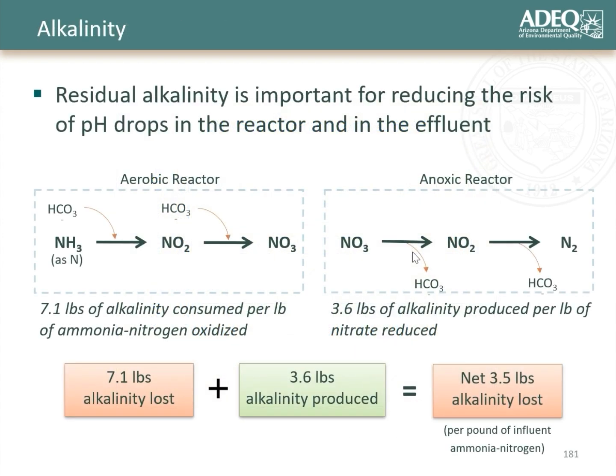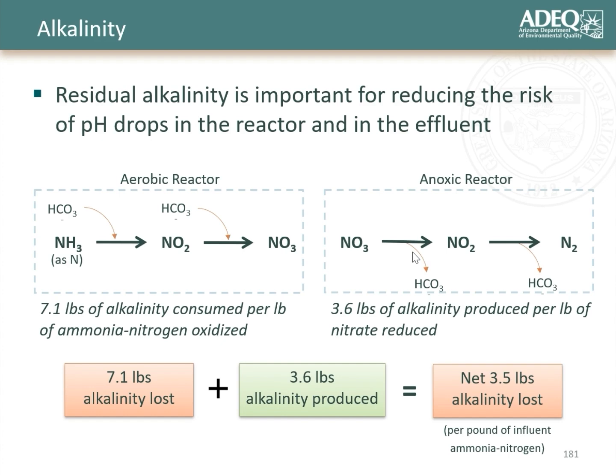Now, as I just alluded to, and we talked about before, the overall process of nitrification consumes alkalinity. If we actually look at the process from ammonia to nitrate, for every pound of ammonia oxidized, 7.1 pounds of alkalinity is consumed. So that consumption can reduce your pH in your system.